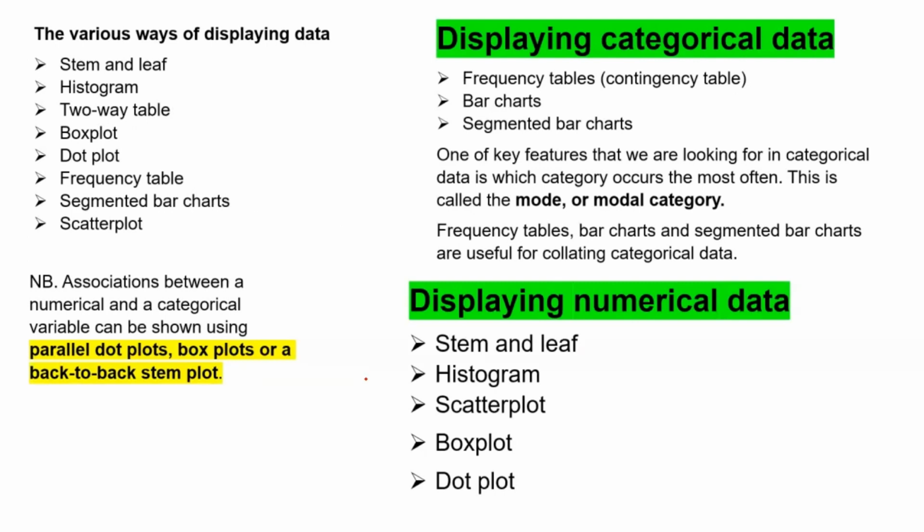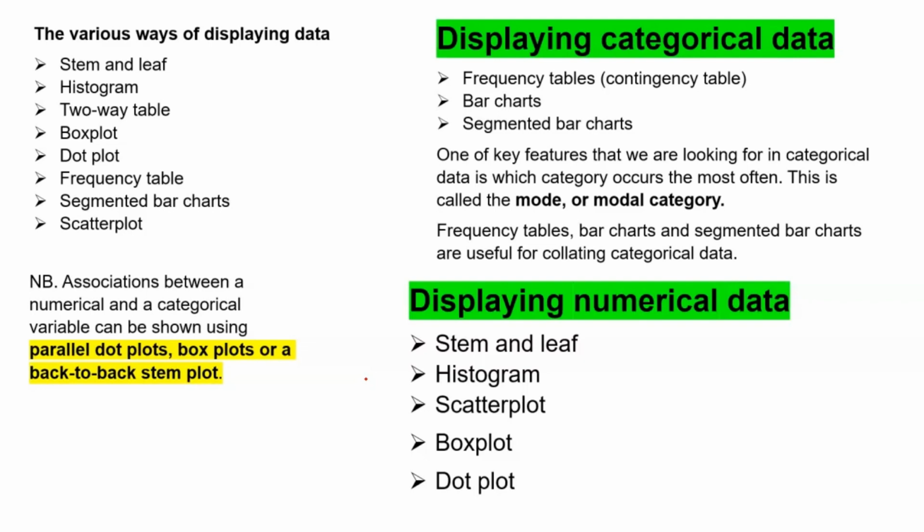Displaying data. The first stage is to gather the information. The second stage is to classify the type of data we're dealing with. And obviously, after collecting the information, it needs to be displayed. Based on the type of data, there are various ways of displaying it.